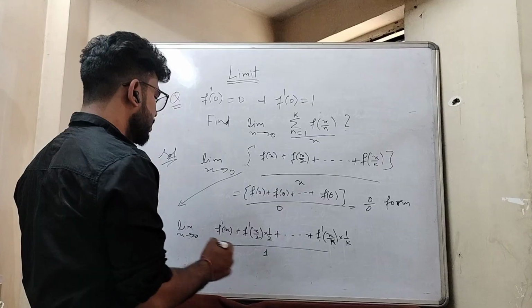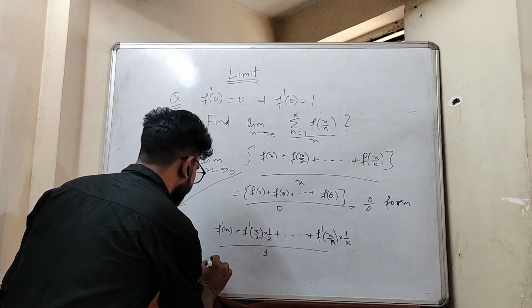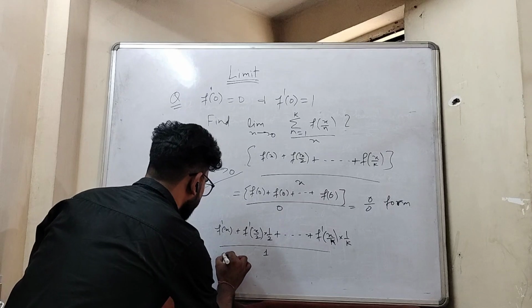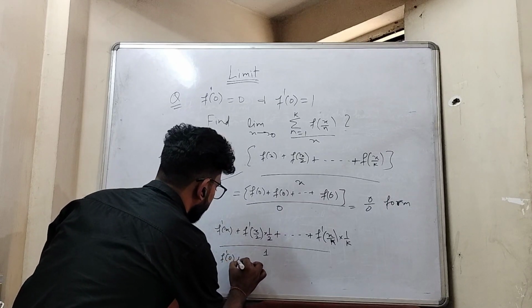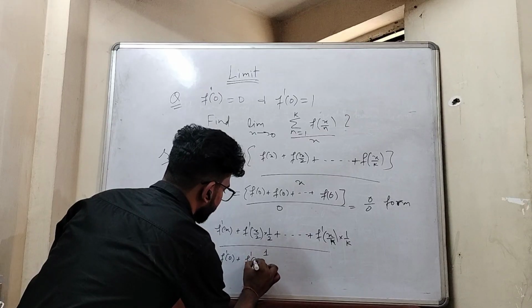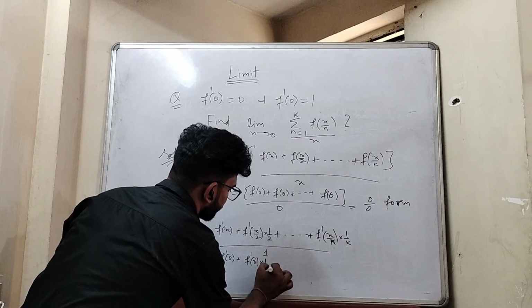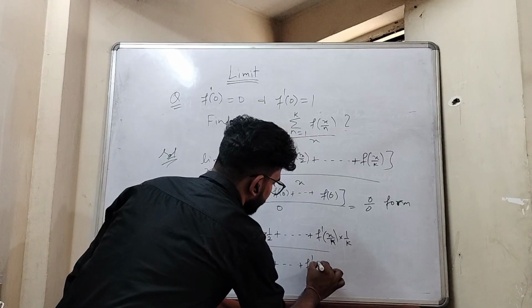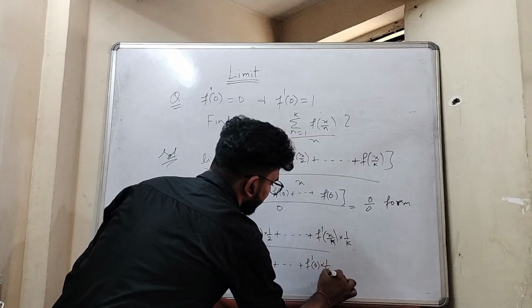Now on applying the limit, you get f dash of 0 plus f dash of 0 into 1 by 2 plus so on, f dash of 0 into 1 by k.